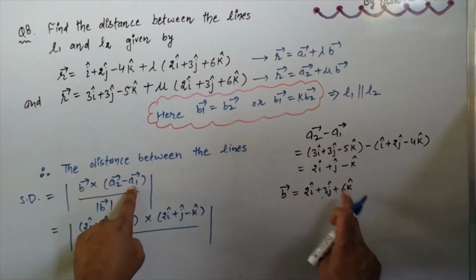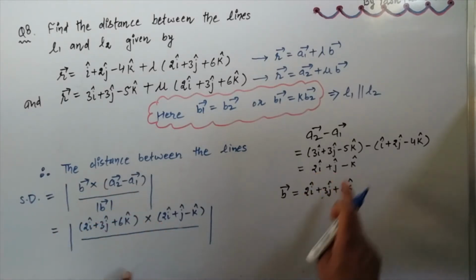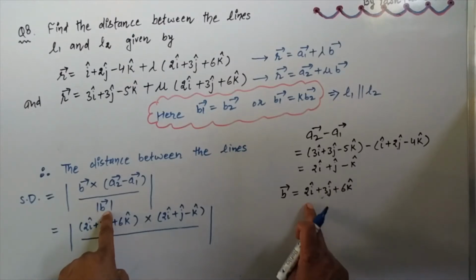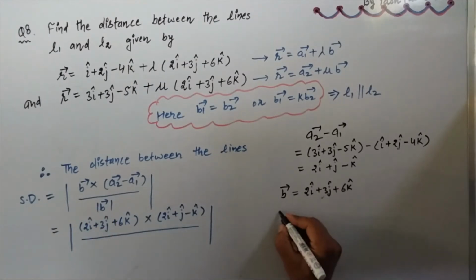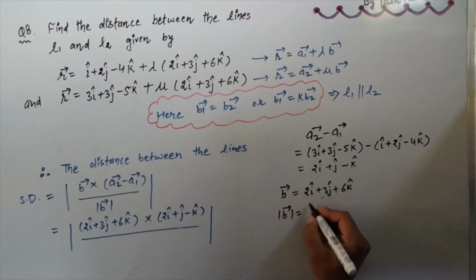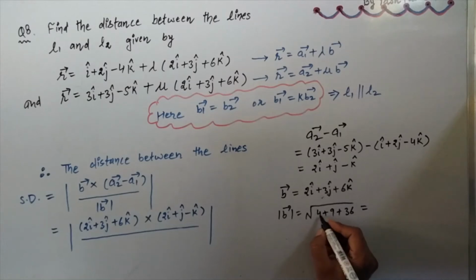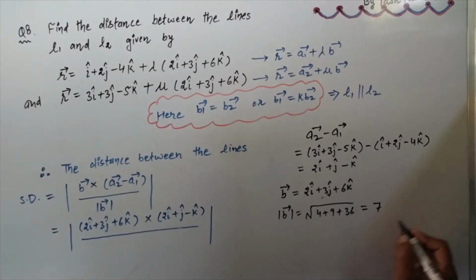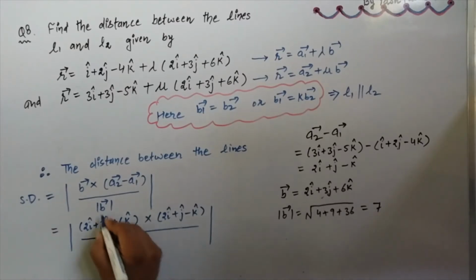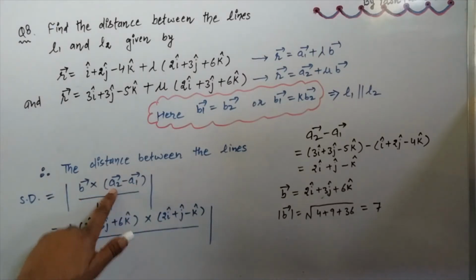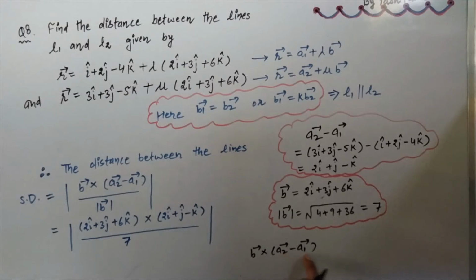So we can insert this value here: (2i plus 3j plus 6k) cross (2i plus j minus k), divided by the magnitude of vector b. The magnitude of vector b is the square root of 2 squared is 4, plus 3 squared is 9, plus 6 squared is 36. So 36 plus 4 is 40, plus 9 is 49, and the square root is 7. So 7 is the magnitude of vector b.